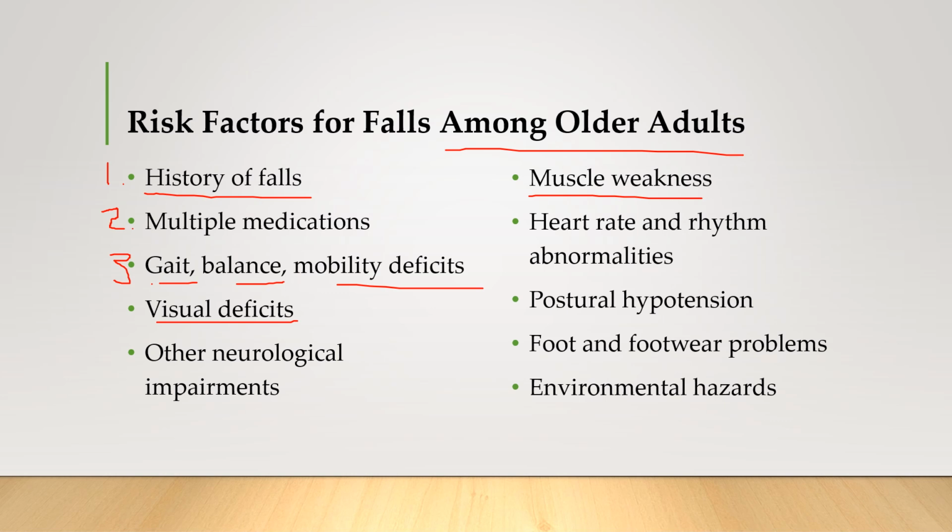Maybe they have utilized some other types of lifting techniques, such as a straight leg lift, but again, that is a risk for falls. If they have heart rate and rhythm abnormalities, this could create a huge risk for falls as well. They get lightheaded, those kind of things. They get really hypotensive. That will put them at risk for falls.